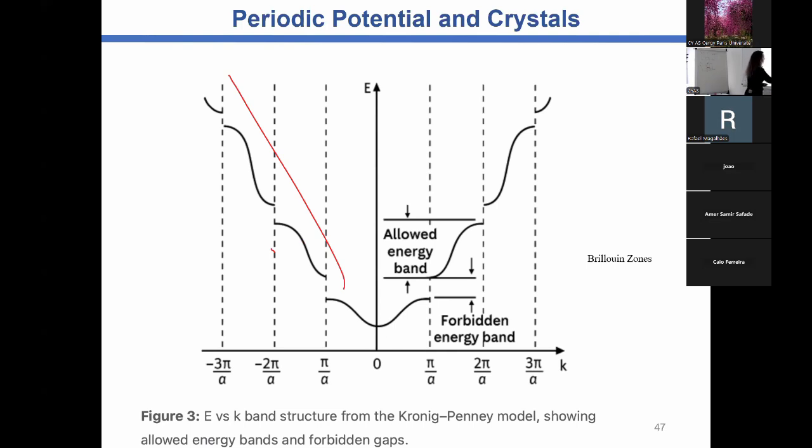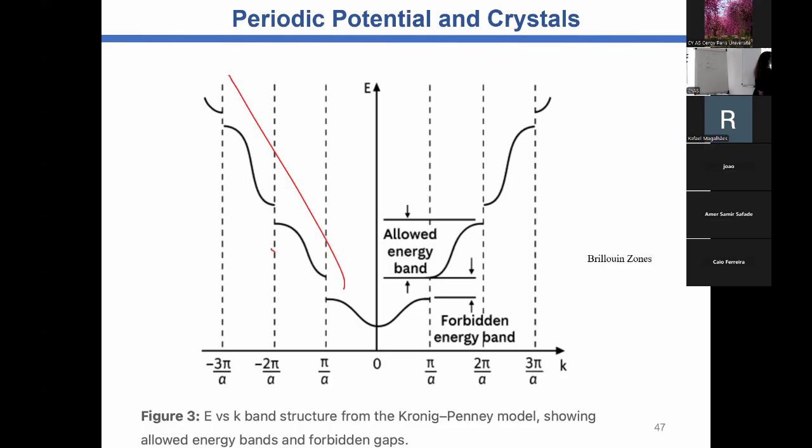So to overcome these two states, for example, we must insert energy in the particle that is higher than this barrier to overcome this forbidden energy band.